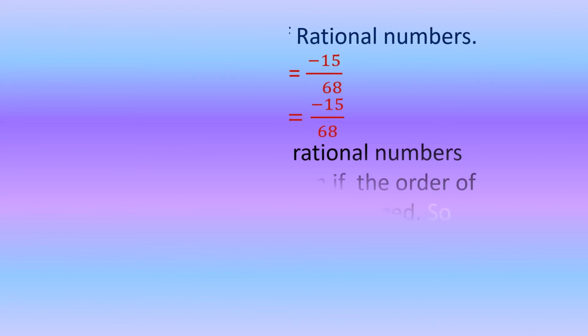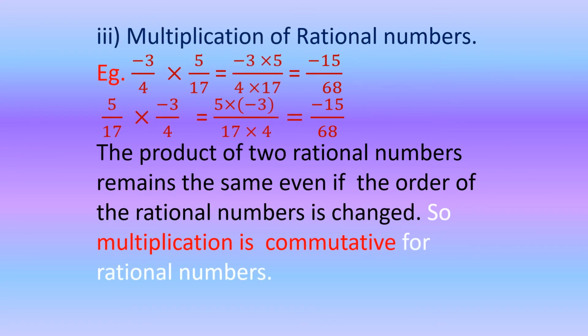Let us check the commutative property for the multiplication of two rational numbers. We have taken the rational numbers negative 3 by 4 and 5 by 17. When we multiply the numerators, that is negative 3 and 5, it gets you the answer negative 15. The product of the denominators, 4 and 17, gets you the answer 68. That means negative 3 by 4 into 5 by 17 equals negative 15 by 68.